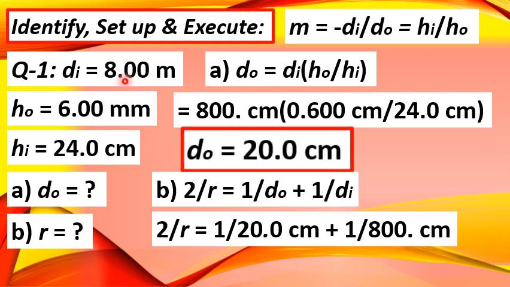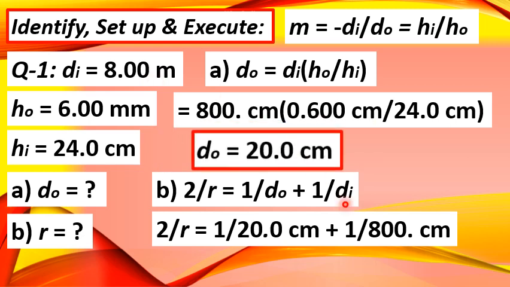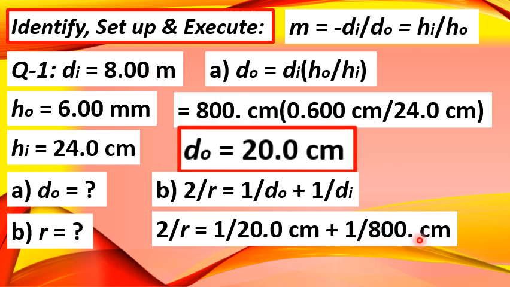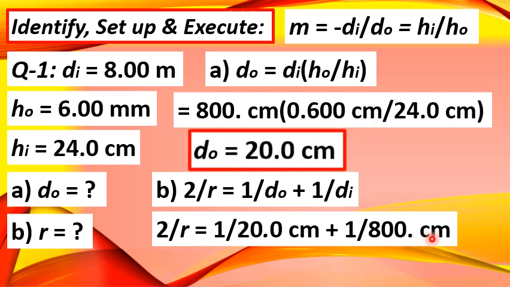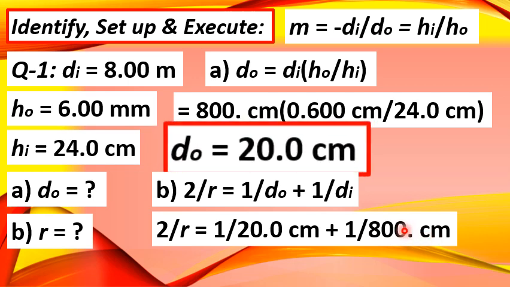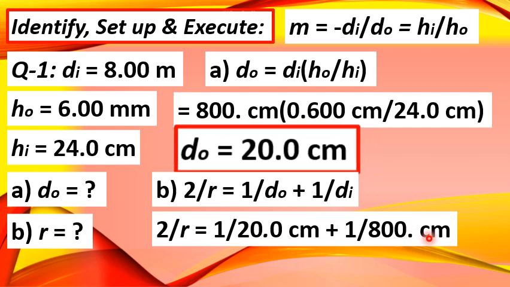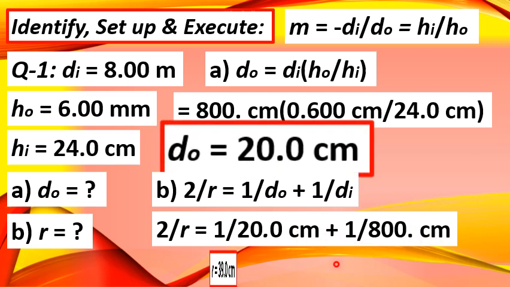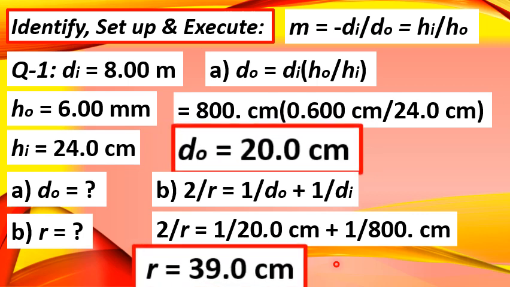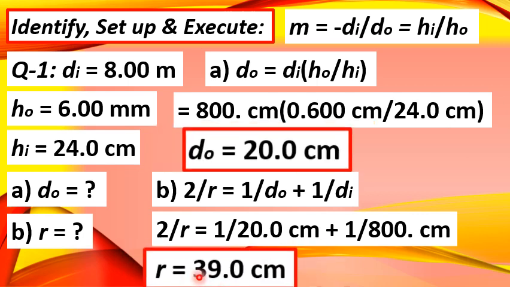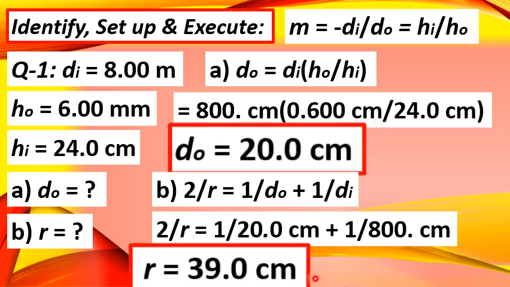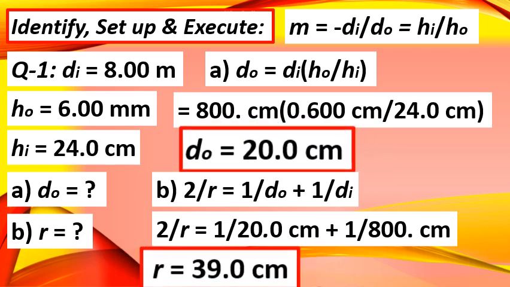The di of 8.00 meters, when converted to centimeters, is 800 centimeters, also in three significant figures. So doing our math, we finally get the value of the radius r equal to 39.0 centimeters in three significant figures.